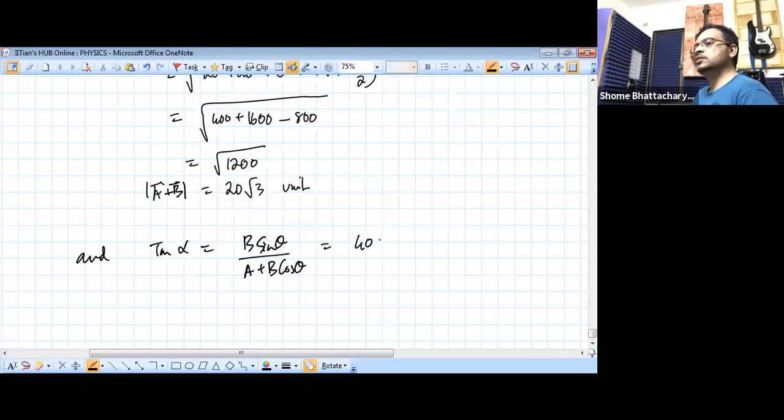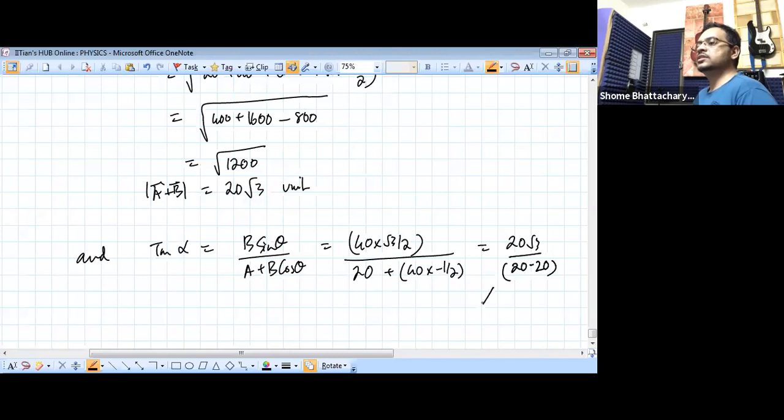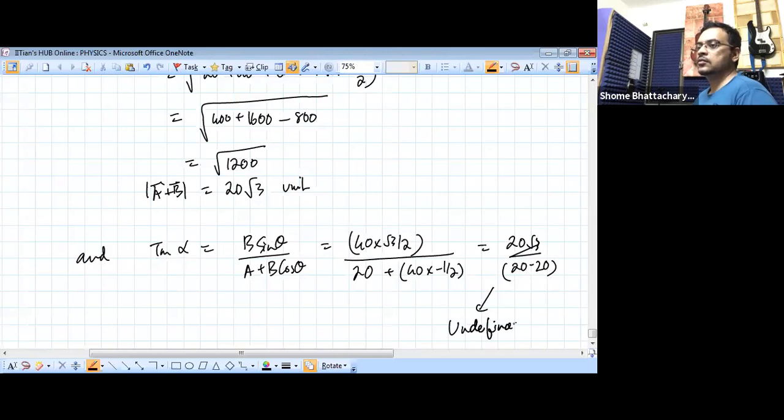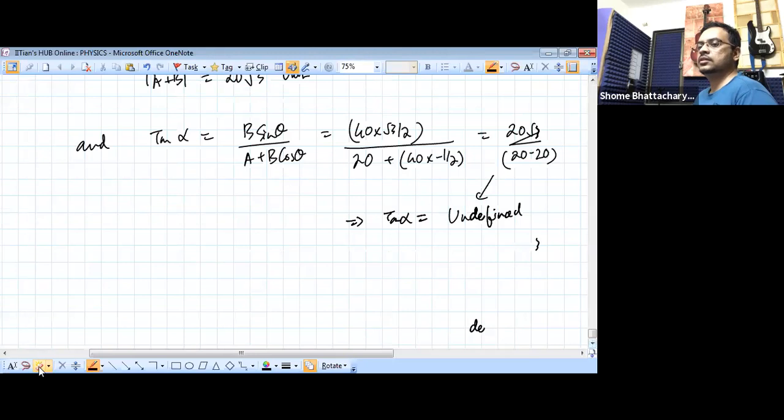So this was 40 into root 3 by 2 divided by a, which was 20, plus 40 into minus half, remember. So this becomes 20 root 3 divided by 20 minus 20, which is 0. So this is division by 0, so this is undefined. That is showing you that alpha is 90 degrees because tan 90 is undefined.